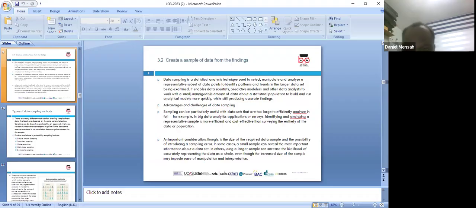It enables data scientists, predictive modelers, and other data analysts to work with a small, manageable amount of data about a statistical population to build and run analytical models more quickly while still producing accurate findings.